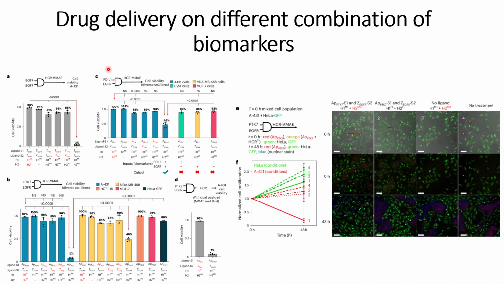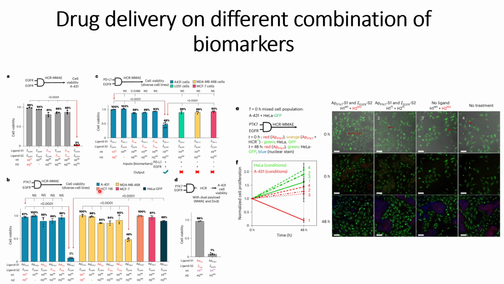Thereafter, they move back to the dual marker, that is PDL1, and we will first discuss panel B. Dual marker, that is PTK7 and EGFR, and in this case they tested on different cell lines, that is A431 cell lines, MDA-MB-468, HCT116, and MCF7.